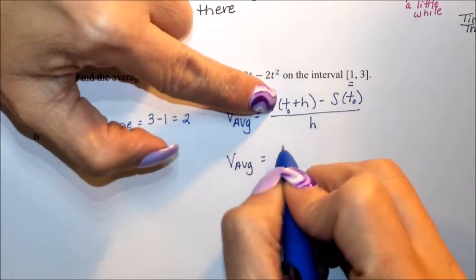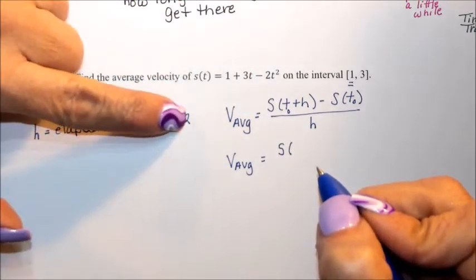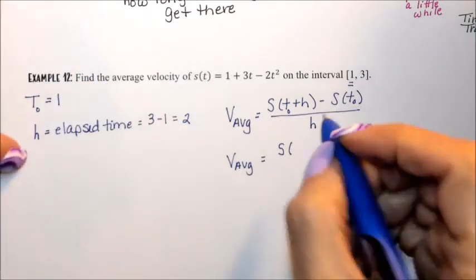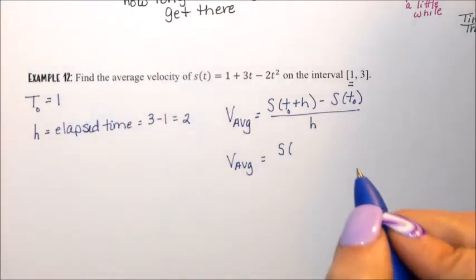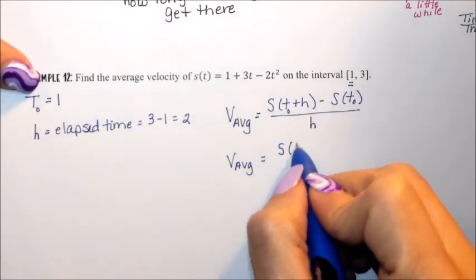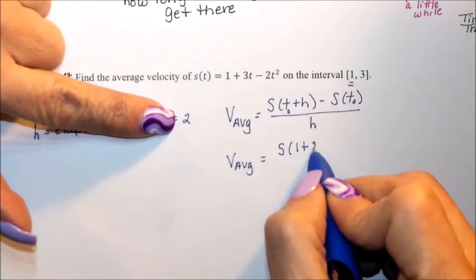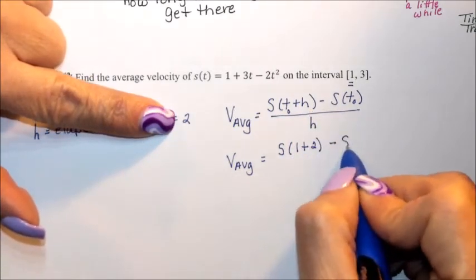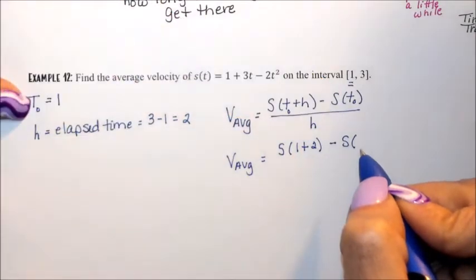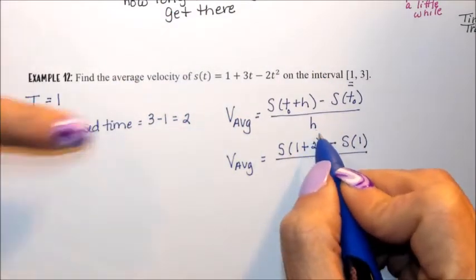How long did we go here? This would be s of how much time elapsed? 2, right? So we're going to do t naught, which is 1, plus h, time elapsed was 2, minus s of t naught, we started at 1, divided by h. h was 2.